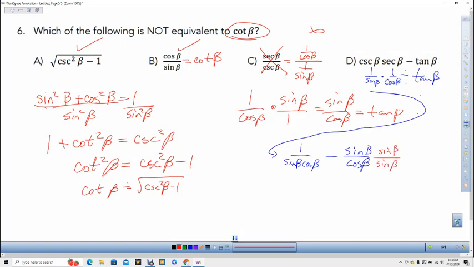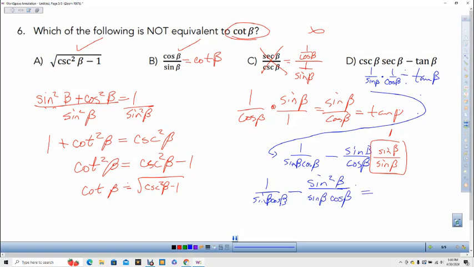The reason I'm doing that is because if I multiply this thing by sine beta over sine beta, that is just 1. It's not changing its value, just changing what it looks like. And if I multiply cosine beta times sine beta, I'm going to have the same thing on the denominator that I have over here. So we end up getting 1 over sine beta cosine beta minus sine squared beta over, and I'm going to rearrange these and put them in the same order so they look alike, sine beta cosine beta.